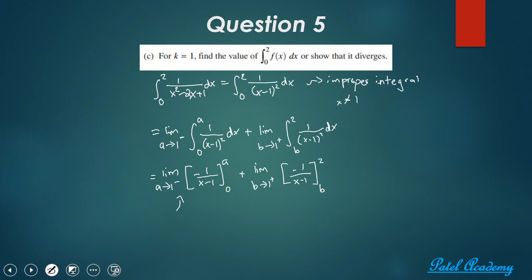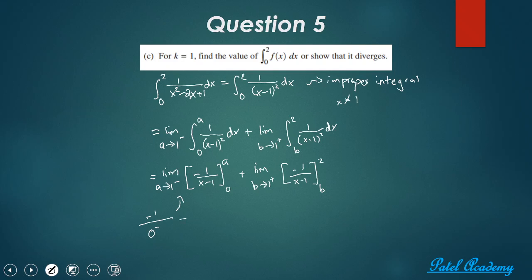Because think about it, if you plug in a over here, I get negative 1 over a minus 1. Now let's think about what happens if you're going really close to 1 from the negative side, and then you subtract 1. You're going to get really close to 0 from the negative side, like 0.9, and then 0.95, and then 0.99. You're getting closer and closer to 0 from the negative side.